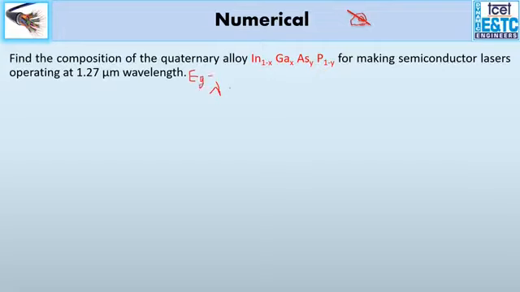In electron volts it is 1.24 by lambda. How much? 0.976 electron volts.